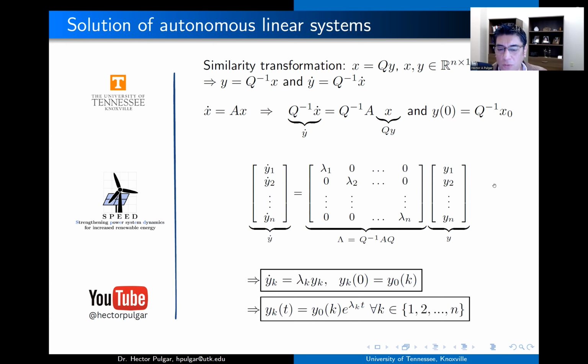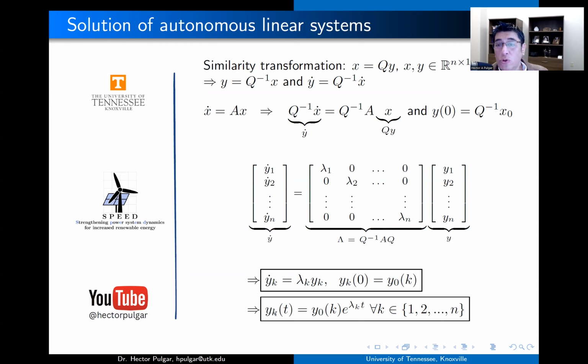For a generic variable k, we have this differential equation to solve: the derivative of yk is equal to the eigenvalue lambda k times yk, with the corresponding initial condition. The only mathematical function that can satisfy this equation is an exponential function, so the solution has this form.